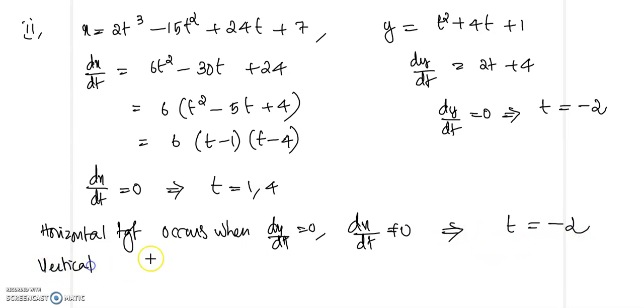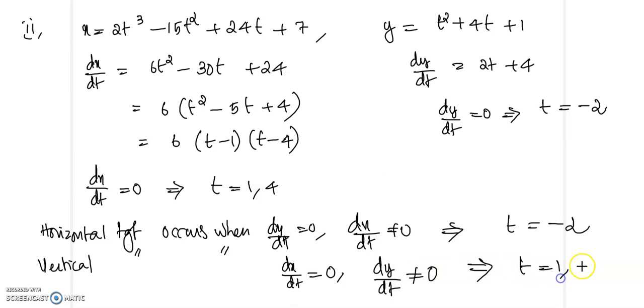Similarly, vertical tangent occurs when we have dx by dt equal to 0, and dy by dt must be not equal to 0. So dx by dt is equal to 0 when t is equal to 1 and 4. So at those points dy by dt is not equal to 0.